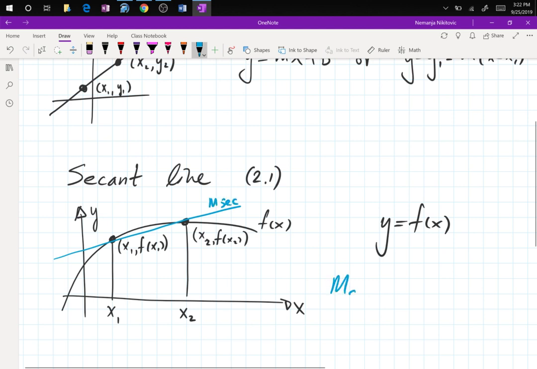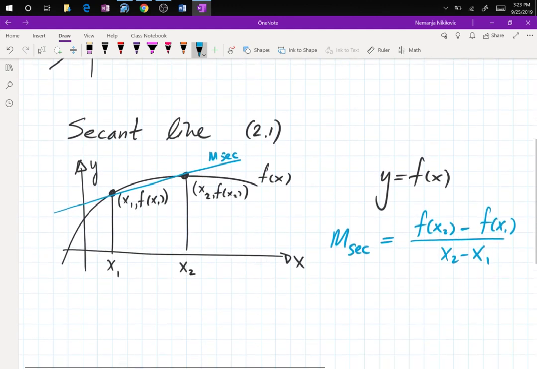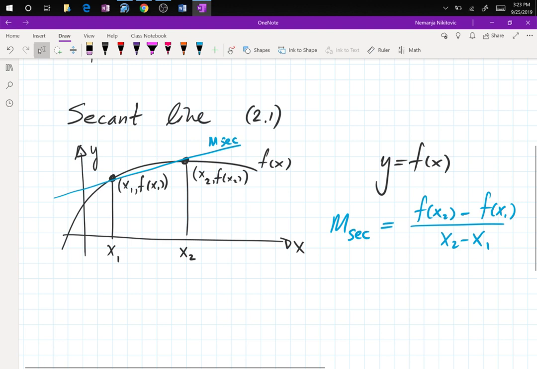We can calculate m secant by working out y2, which is f of x2, minus y1, which is f of x1, divided by x2 minus x1. So this formula is absolutely the same as the one we had before for the slope, except this one is not using x's and y's. It uses x's and f of x, which is again the same thing, just different notation.